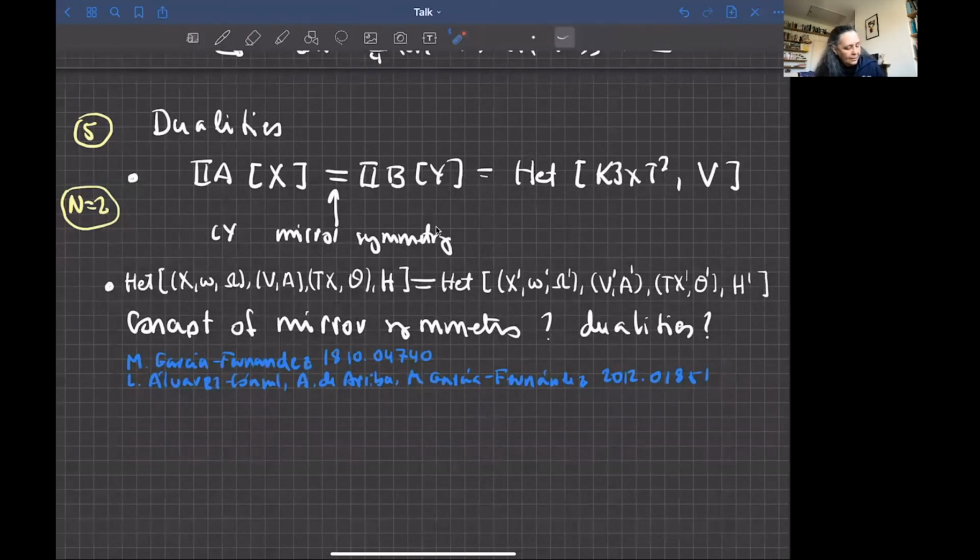Finally, there is also one important duality in type 2 theories that I have just mentioned, which is precisely mirror symmetry. So the question is whether in the heterotic there is a concept of mirror symmetry, or a generalized notion of it.